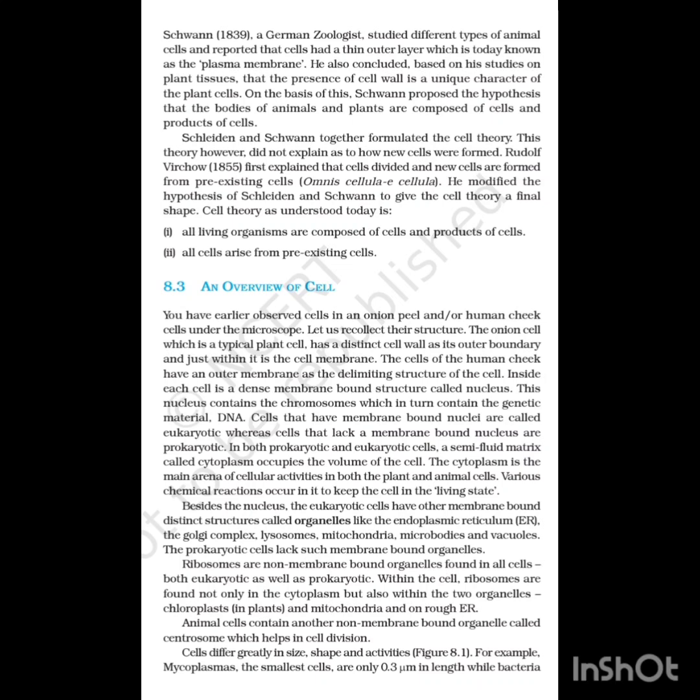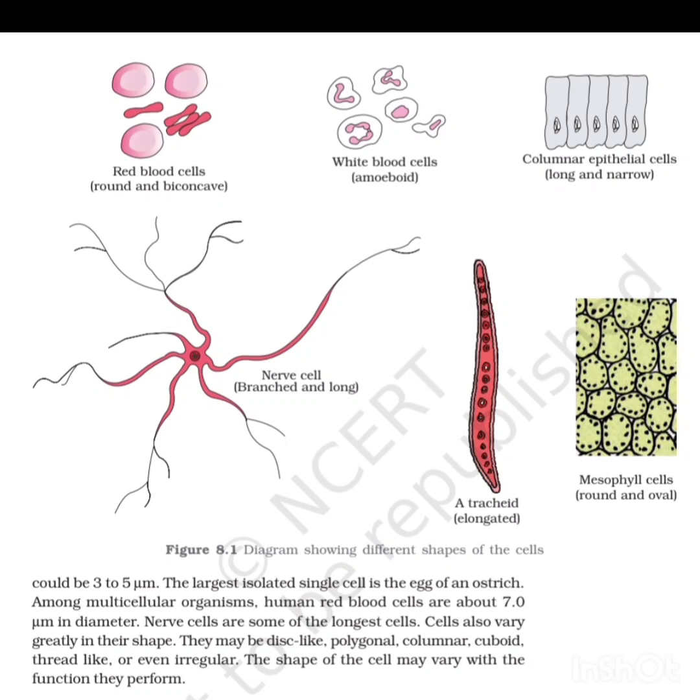Cells differ greatly in shape, size and activities. For example, mycoplasma, the smallest cell, is about 0.3 micrometers in length, while bacteria could be 3 to 5 micrometers. The largest isolated single cell is the egg of an ostrich.